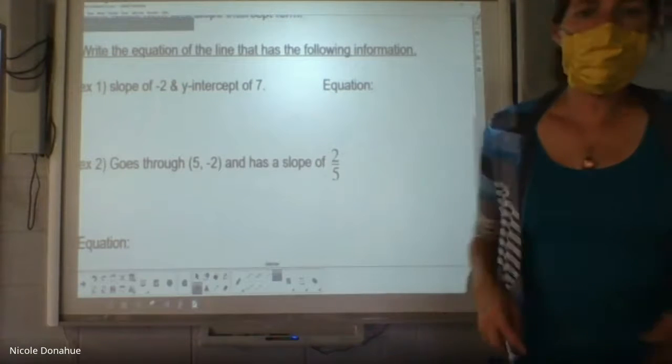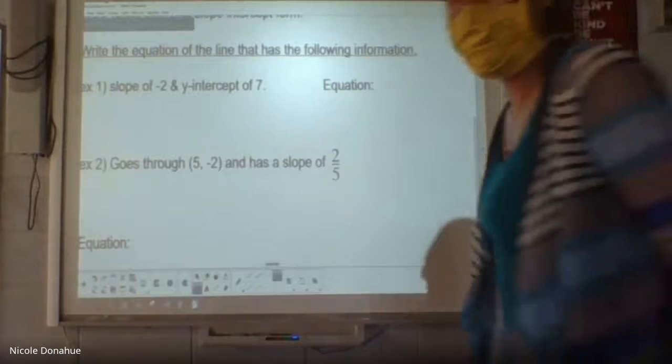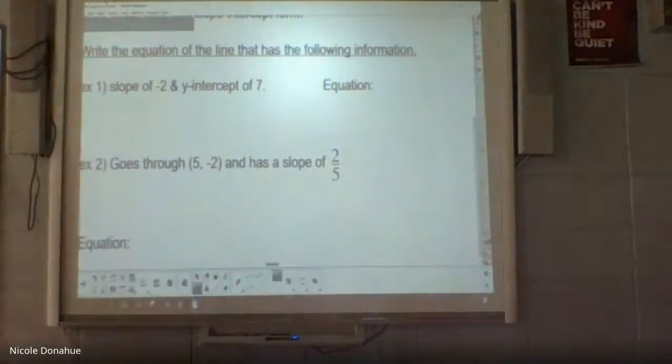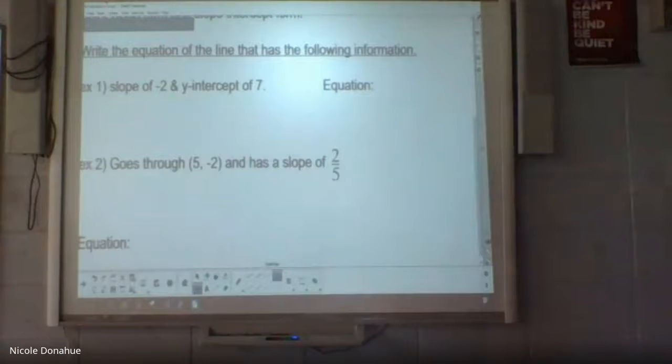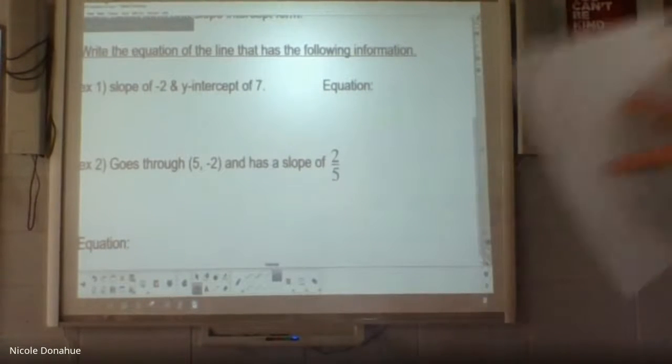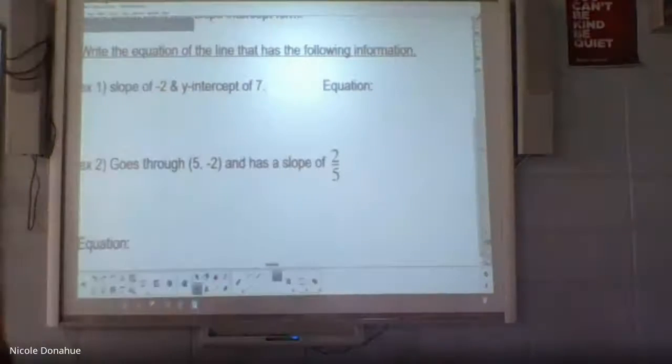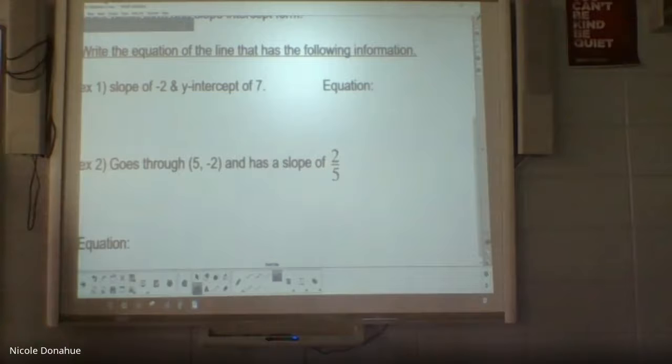So the first one is almost so basic that you probably think you're doing something wrong. In this problem, they say write the equation of a line that has this information: slope of -2 and y-intercept of 7. What have they given us? Which letters have they told us? M and which one? B. They've given us m and b in this case, so we don't have to find anything.